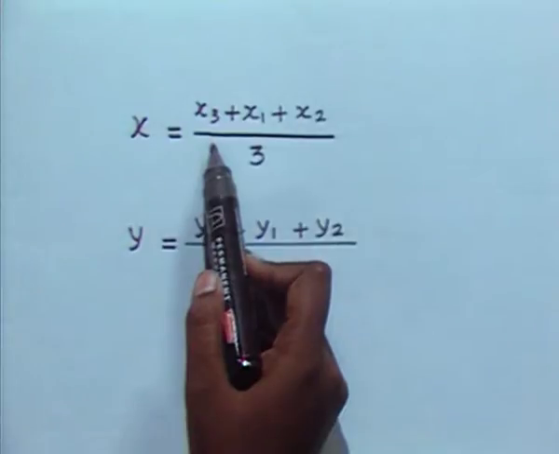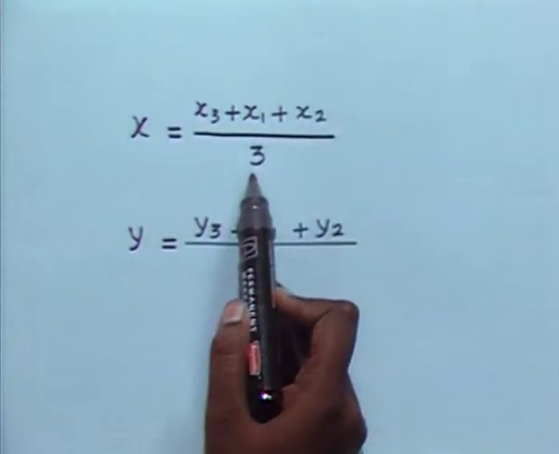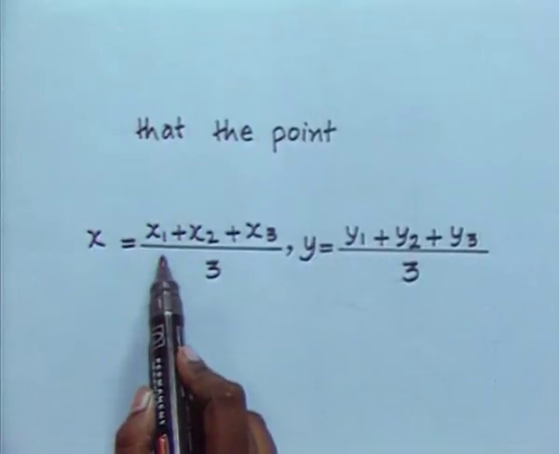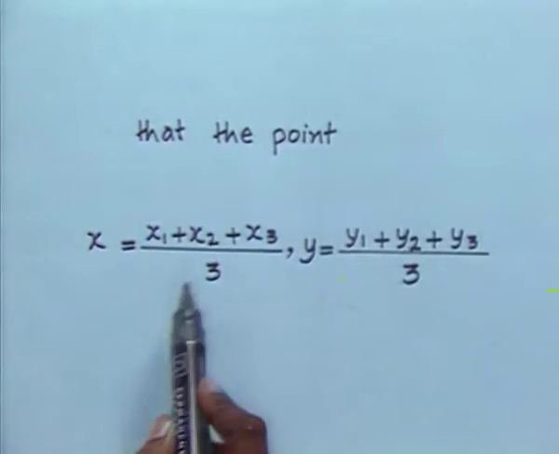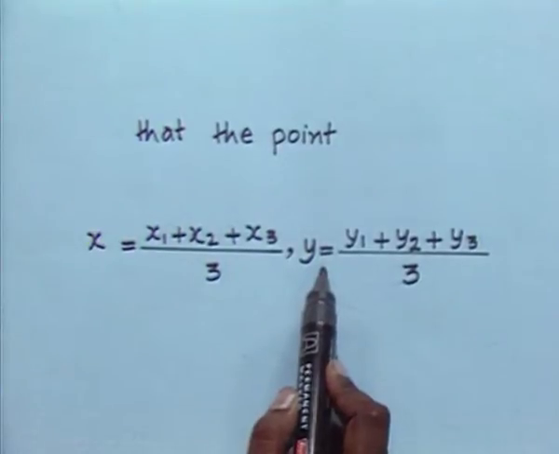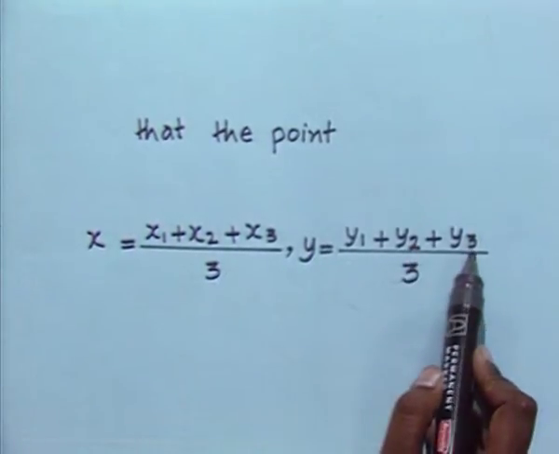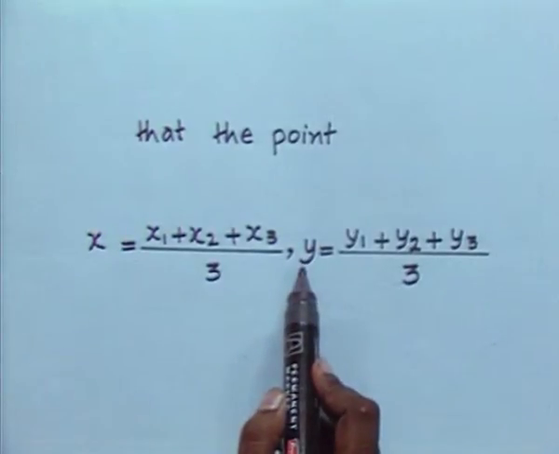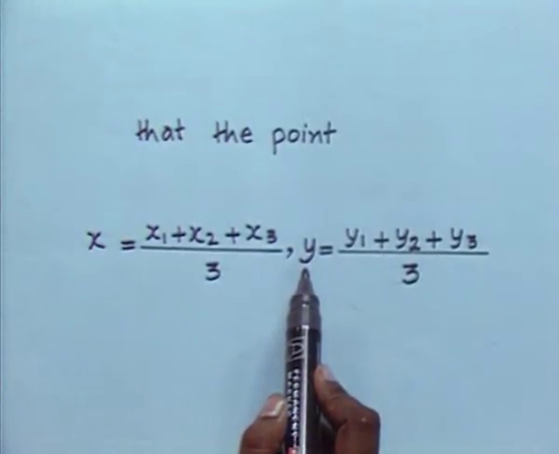You are right. So, we can generalize that this point, x equal to (x1 + x2 + x3)/3 and y equal to (y1 + y2 + y3)/3, is common to all three medians, or all three medians pass through this point.